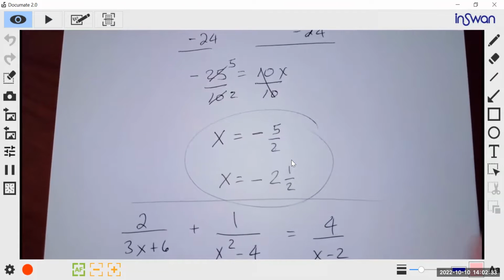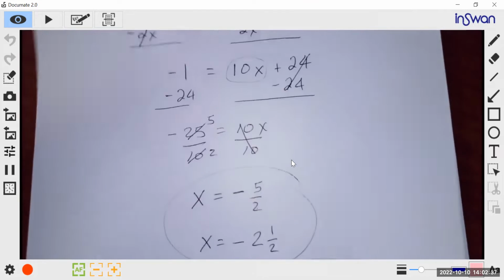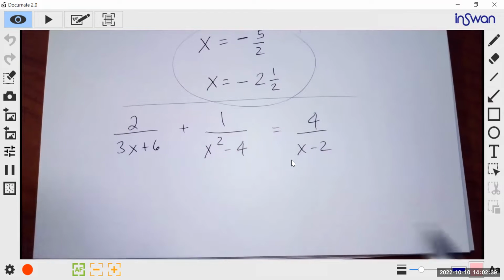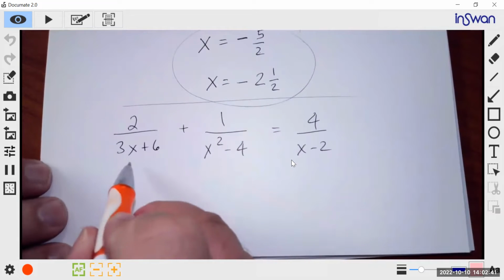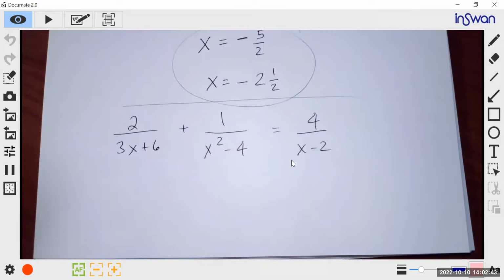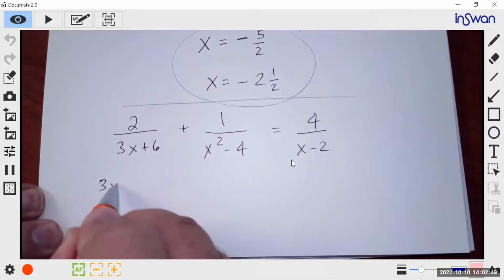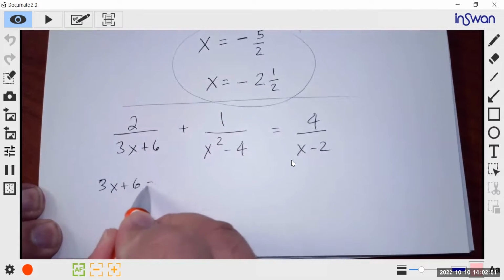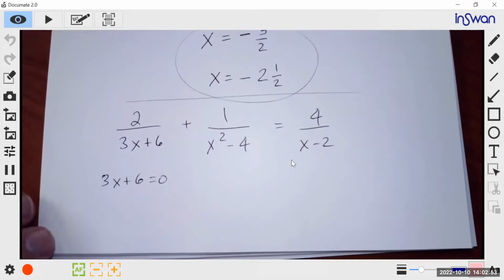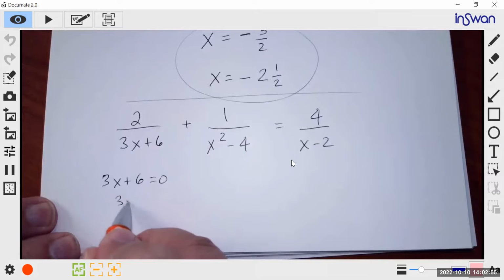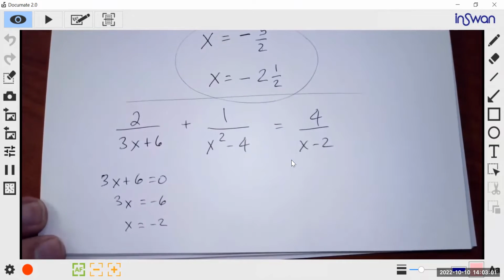Whenever you have equations like this, what you can do first is take each of these denominators and set them equal to 0. If we set this first one equal to 0, subtract 6 from both sides, divide by 3, you get -2.